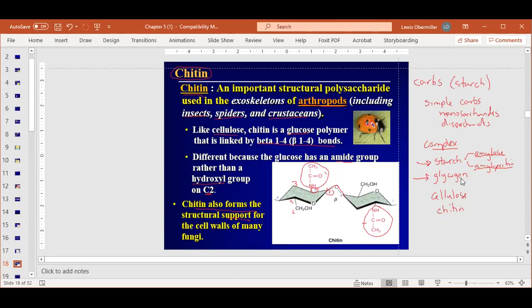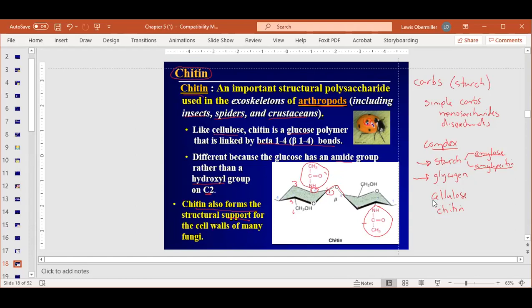Glycogen. Is it straight or branched? Branched. Is it alpha 1,4, alpha 1,6, or beta 1,4, or a combination of these? Alpha 1,4 and 1,6. So you need to add both of those in there.